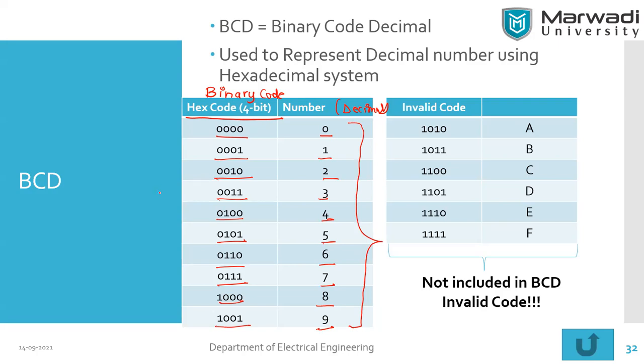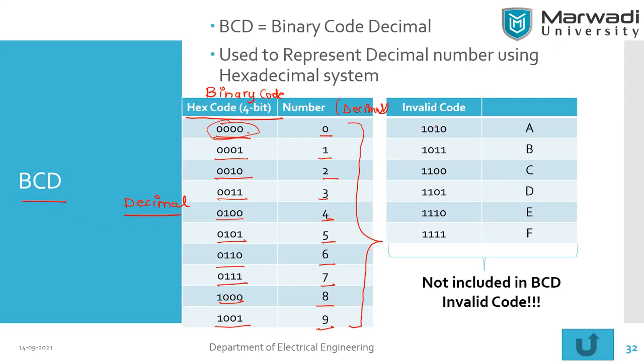Humans can interpret the decimal code easily because we have studied about decimal number systems, right? But the computer operates on binary number system, right? So when you combine multiple bits like 4 bits here, that makes a hexadecimal system. Now, if we combine 4 bits and only represent decimal, that becomes BCD.